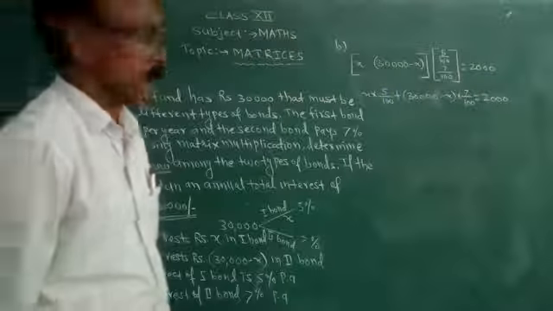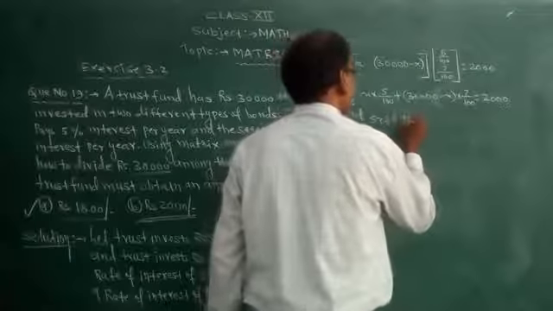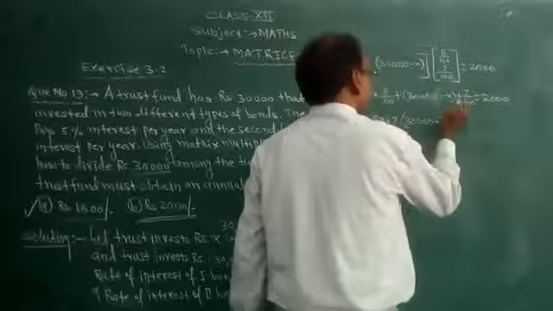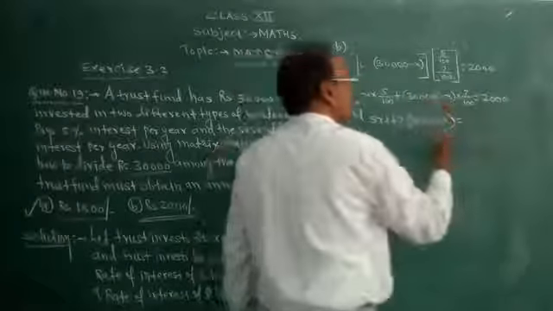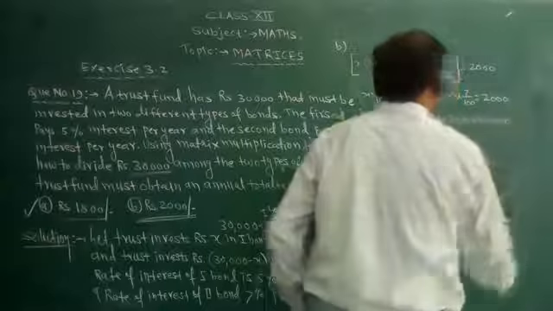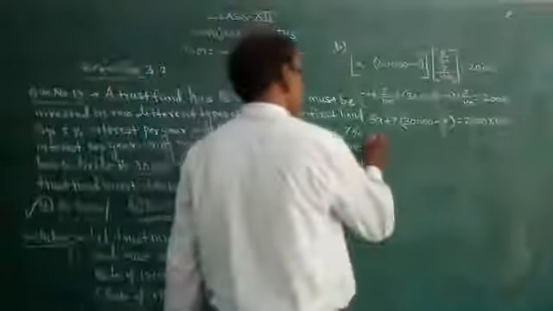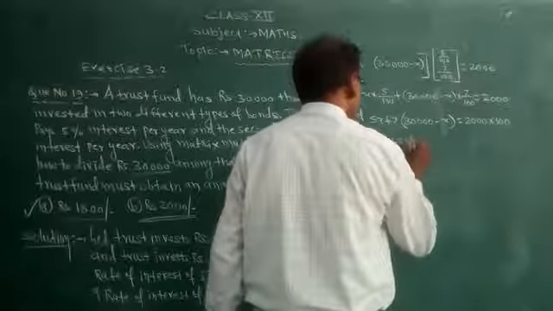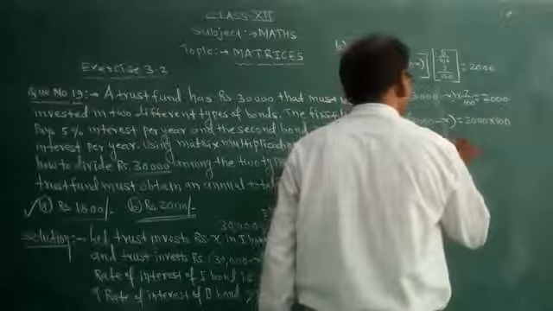Multiplying both sides by 100, again it gives 5x plus 7 into 30,000 minus 7 into this x equal to 2,000 into 100. I am multiplying both sides by 100. So this will be 5x plus 2,10,000 again minus 7x.